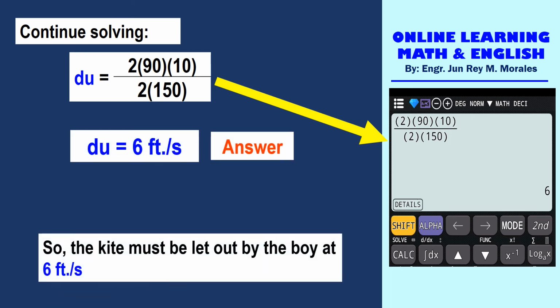So, the kite must be let out by the boy at 6 feet per second.